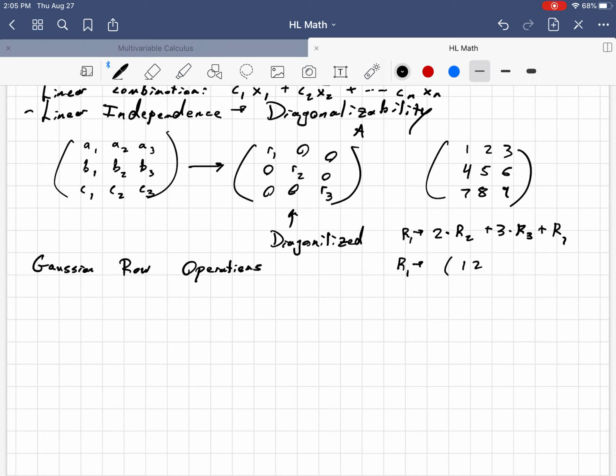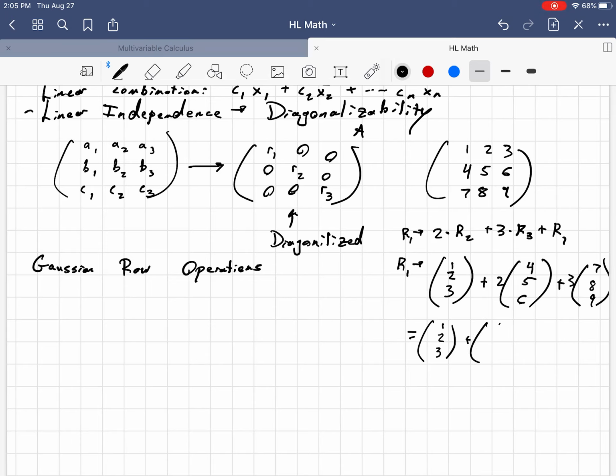We'd have 1, 2, 3 plus 2 times 4, 5, 6 plus 3 times 7, 8, 9, which would be 1, 2, 3 plus 8, 10, 12 plus 21, 24, 27.